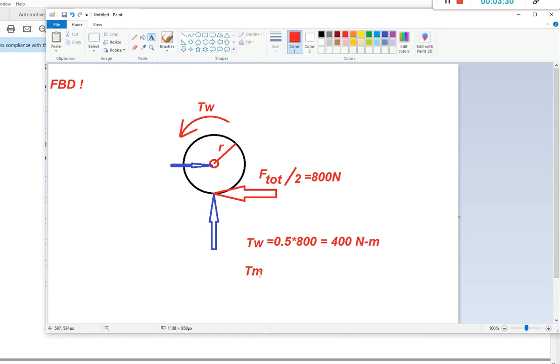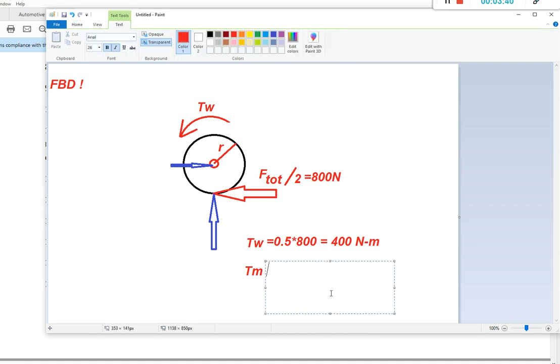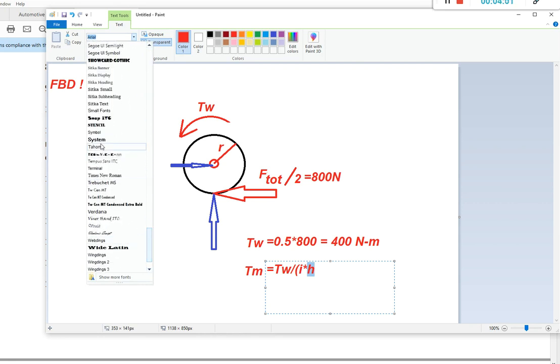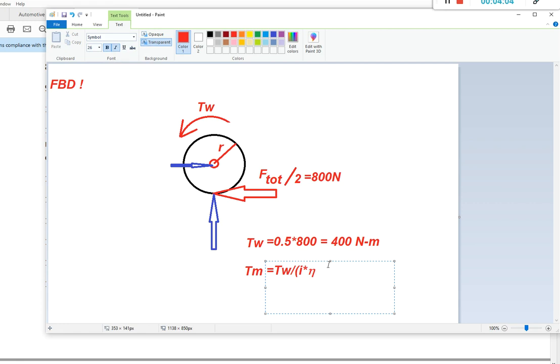Okay. Now for the crankshaft torque, given the transmission ratio and efficiency, we're going to see the torque wheel divided by the transmission ratio and also divided by efficiency. That's eta, and that's about it.